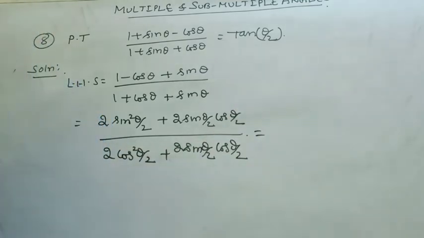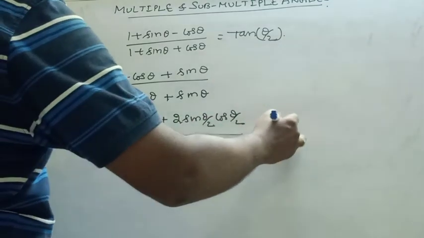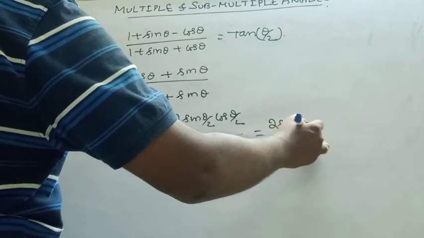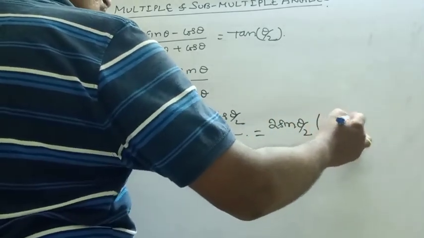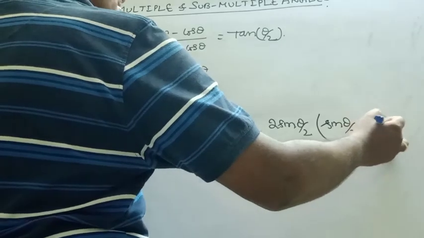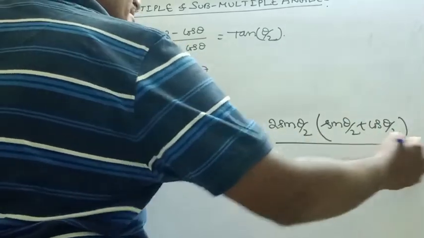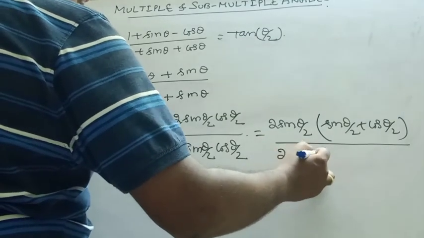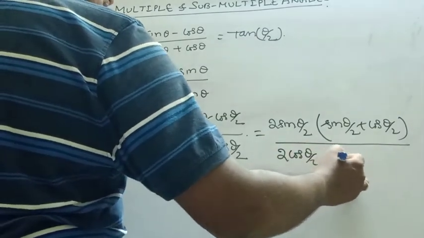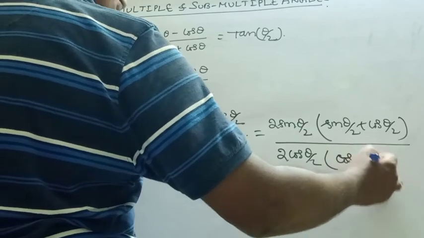Right? Fine. What we do is, now let us try to take common 2 sin theta by 2 here. If you take 2 sin theta by 2 common, we will have here sin theta by 2 plus cos theta by 2, whole thing divided by, here if you take 2 cos theta by 2 as common, we will have cos theta by 2 plus sin theta by 2.